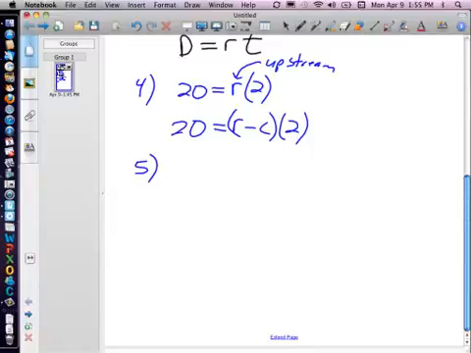Downstream at a rate of 15, that is R plus C, because he's going his own rate plus the current, equals 15. Upstream he travels at 7 kilometers an hour, so R minus C equals 7. That section just talks about writing two equations.